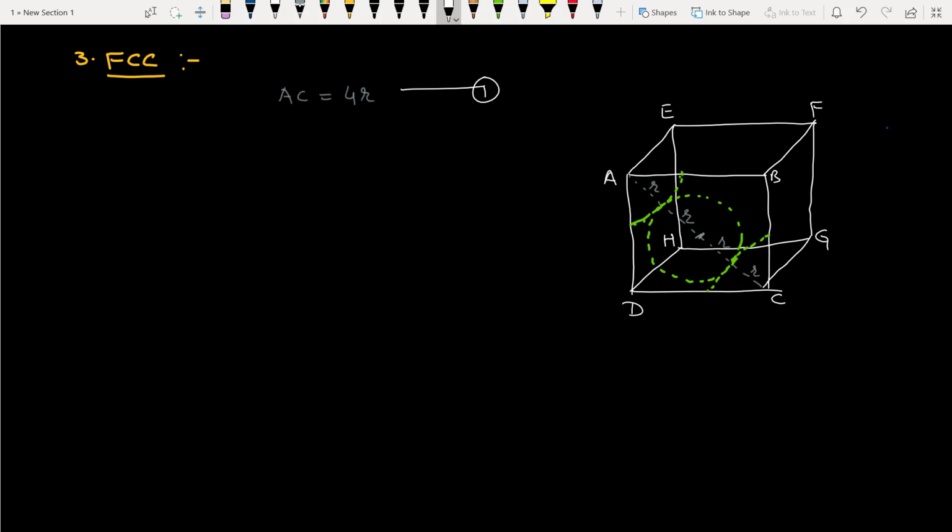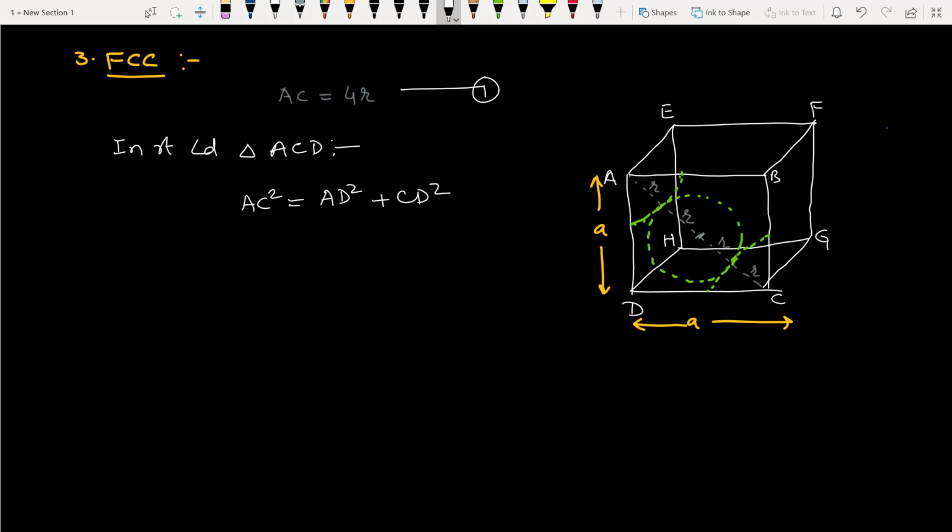Now in terms of edge length, this is a, this is a. So in right angled triangle ACD, AC square is equal to AD square plus CD square. It is a square plus a square, equal to 2a square.